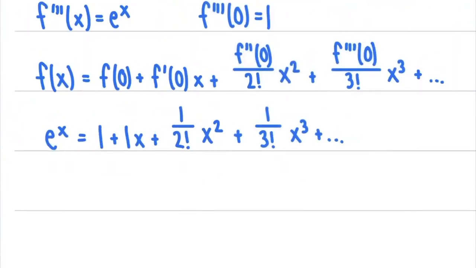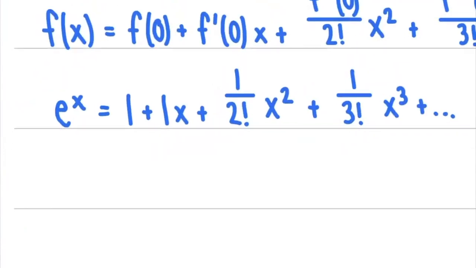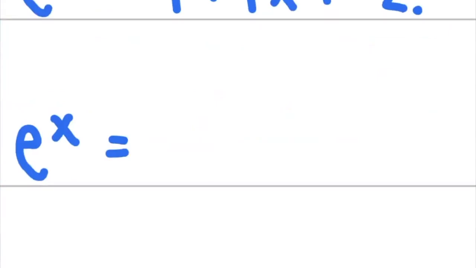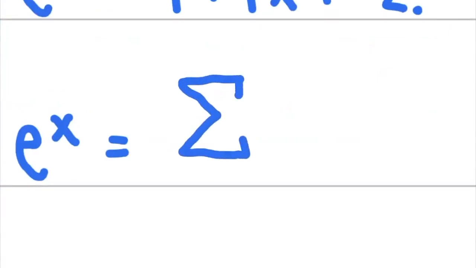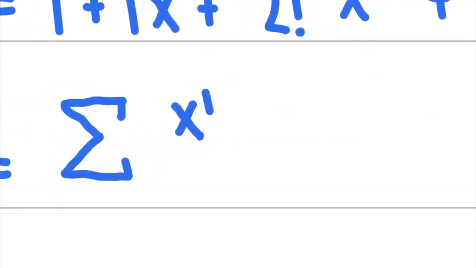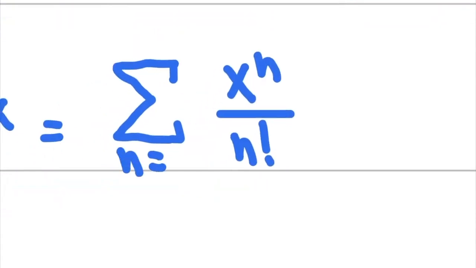So if you write this in summation notation, you'll get that e to the x is the sum of x to the power of n over n factorial as n goes from 0 to infinity.